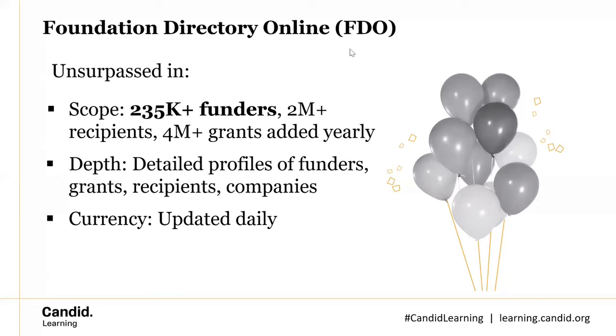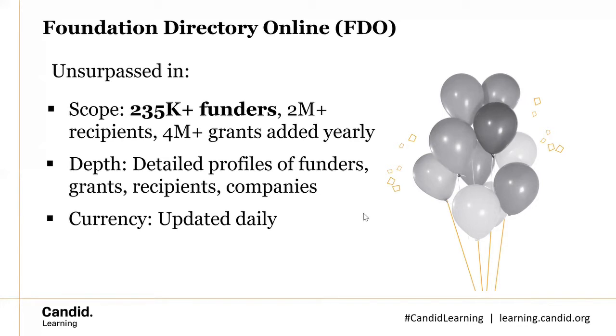So again, Foundation Directory Online this month is up to 235,000 active funders. It's going to be much larger by the end of June of this year. There are over 2 million recipients of grants who are also described in the Professional Level Edition, and we add about 4 million grants to this system annually. It does provide you with the ability to search through detailed profiles of funders, grant descriptions, recipients, and does include the corporate giving.